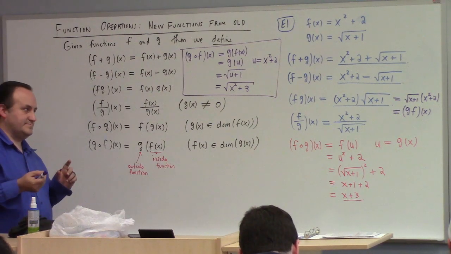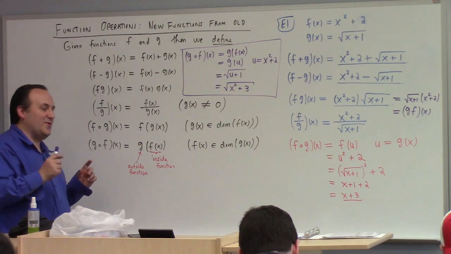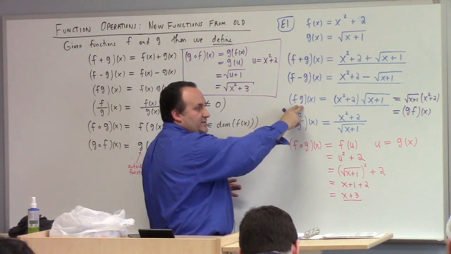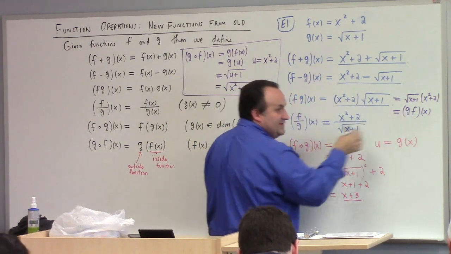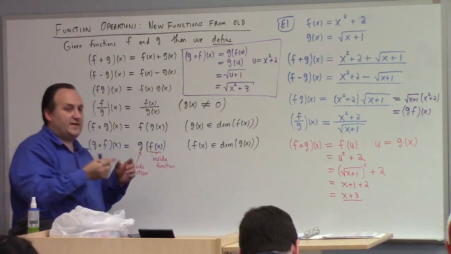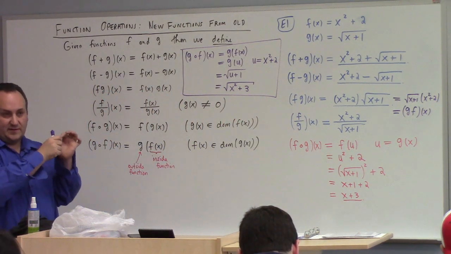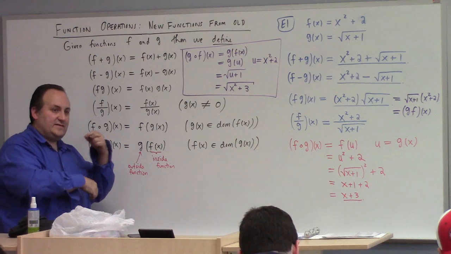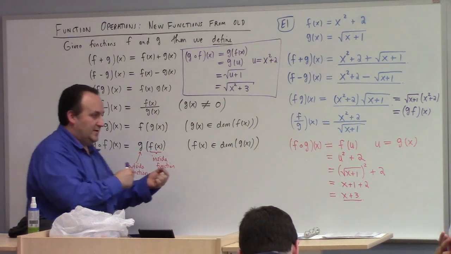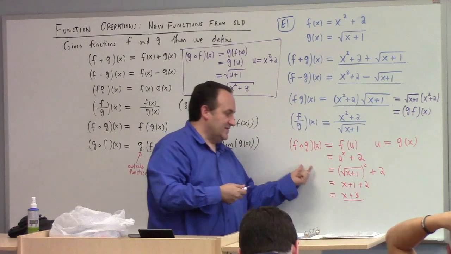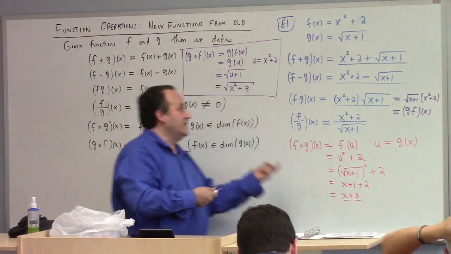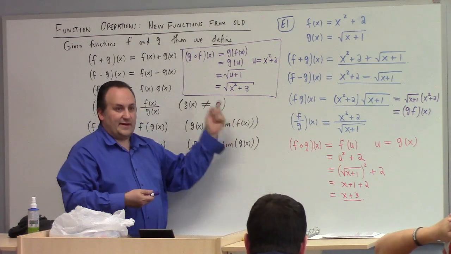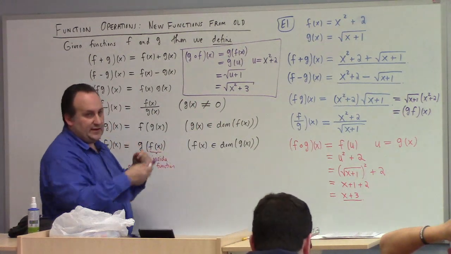I want to point out something to you, which is that when we take the product of functions one way, or if we take the product of functions another way, it's equal, because the product of functions is defined just by multiplying the formulas, and multiplication commutes. However, substituting the formula for one function into the other function does not commute. As you can see, f composed with g of x gave me this formula, whereas g composed with f of x gave me that formula. Are these equal? They are not, right? So it matters which order you're doing it in, and you have to work through it.